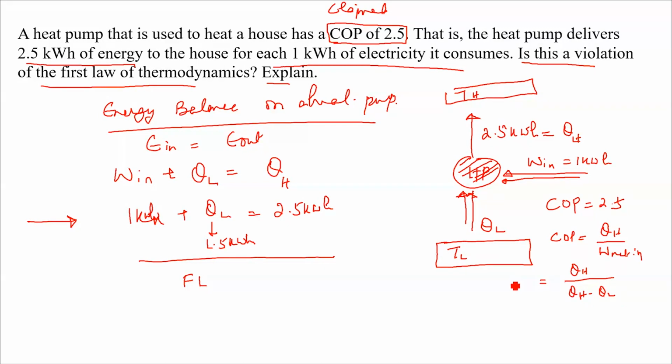So COP is given to be 2.5, and QH is also 2.5, minus QL. Can I find out QL from this equation?